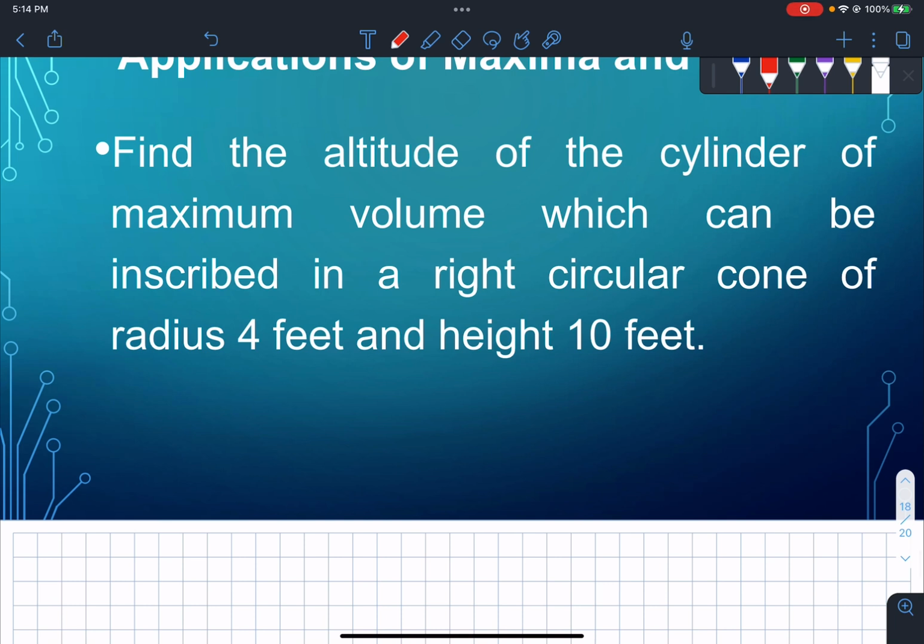So find the altitude of the cylinder of maximum volume, which can be inscribed in a right circular cone of radius 8 feet and a height of 10 feet.